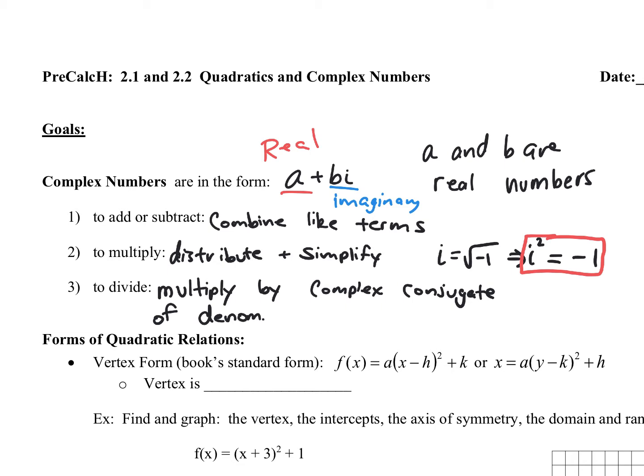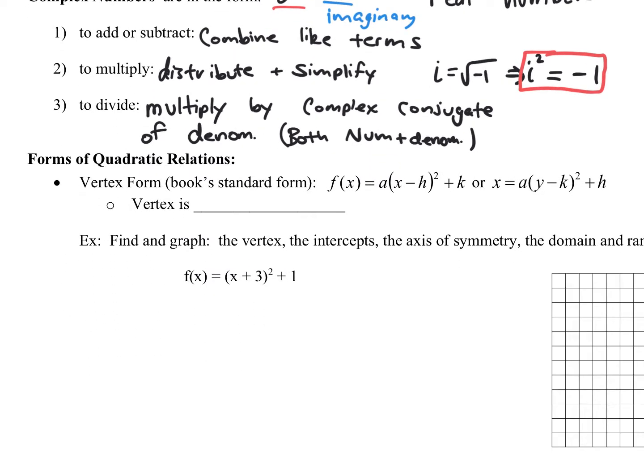I multiply both the numerator and denominator by that value. That is a mathematically legal move because effectively we're multiplying a numerator and denominator by the same thing. Anything divided by itself is 1. So that's a refresher on our complex numbers.